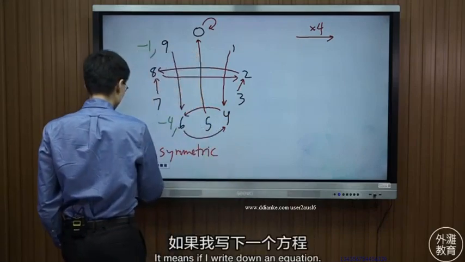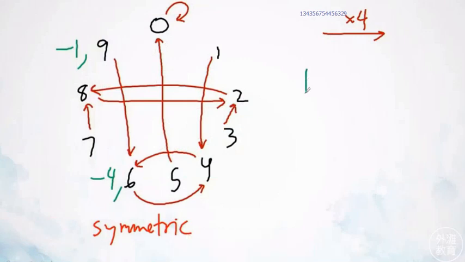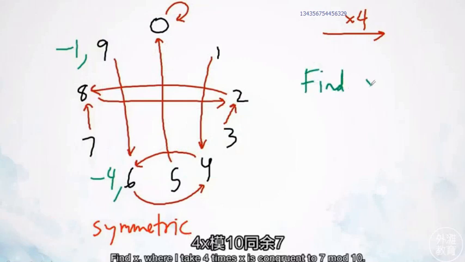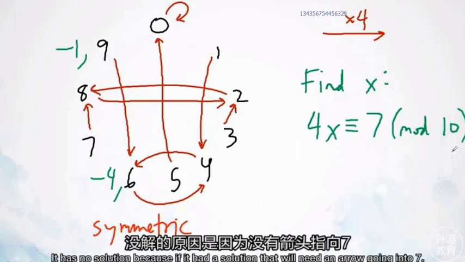It means that if I write down an equation, suppose I want to solve for x, find x, where I take 4 times x is congruent to 7 mod 10. This has no solution, because if it had a solution, that would need an arrow going into 7.